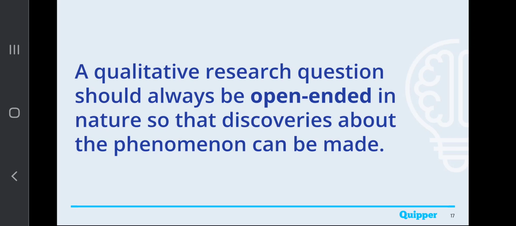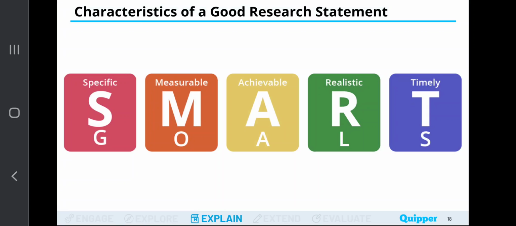A qualitative research question should always be open-ended in nature so that discoveries about the phenomenon can be made. Take note again that a qualitative research question should always be open-ended so that discoveries related to the phenomenon can be made.